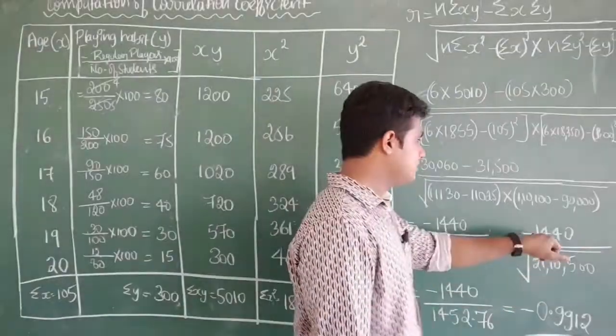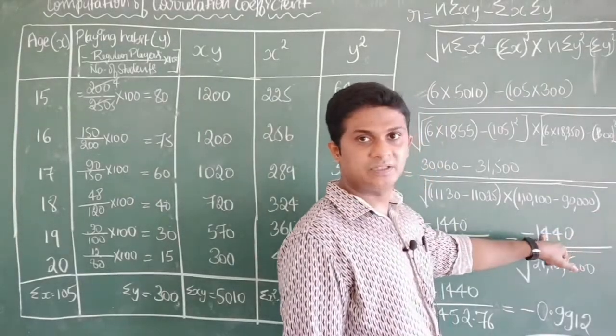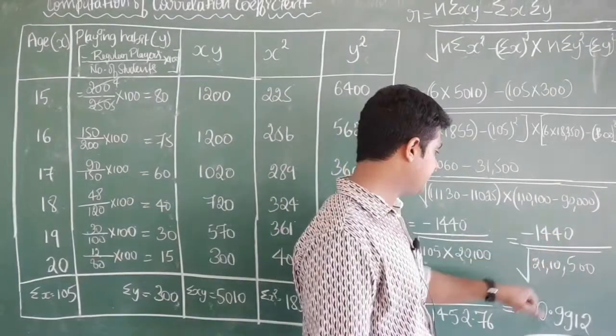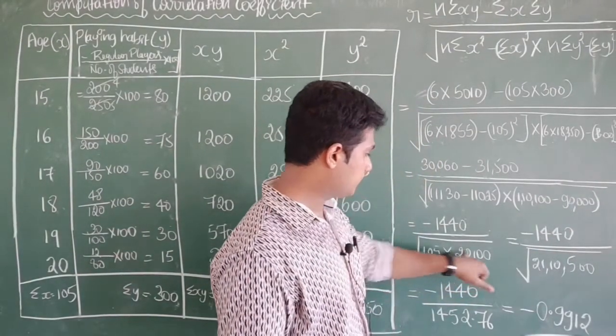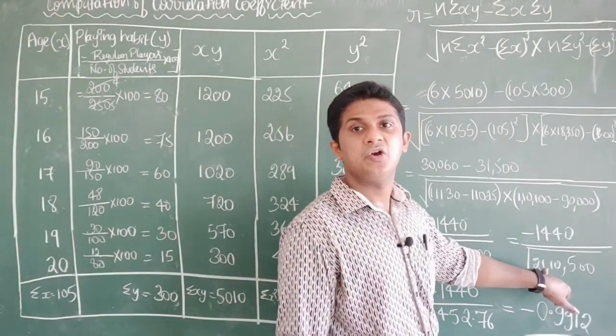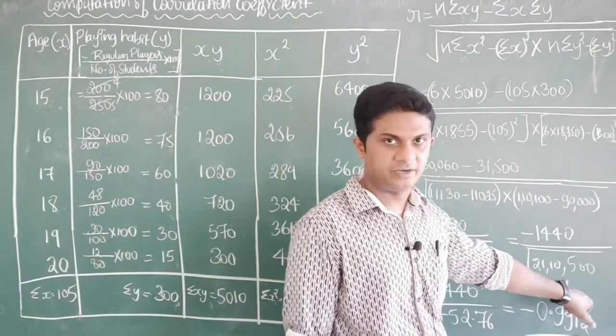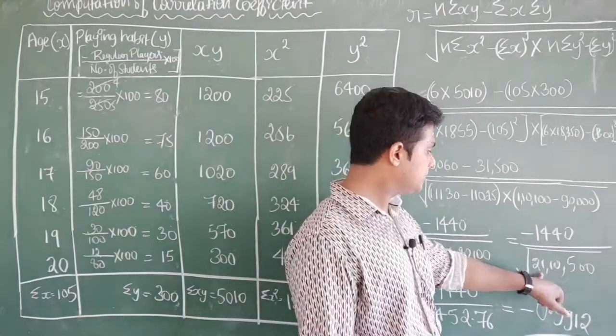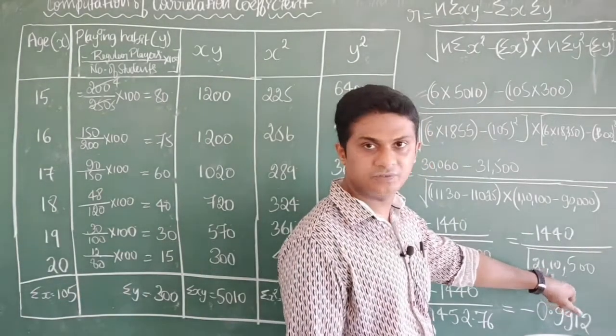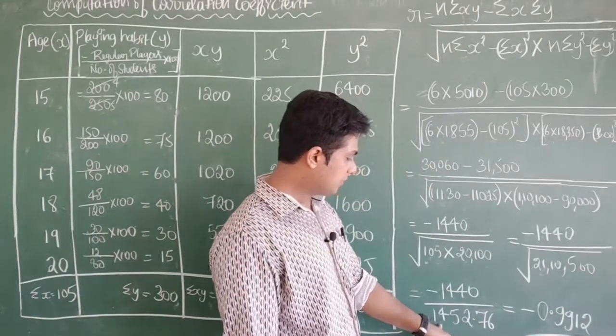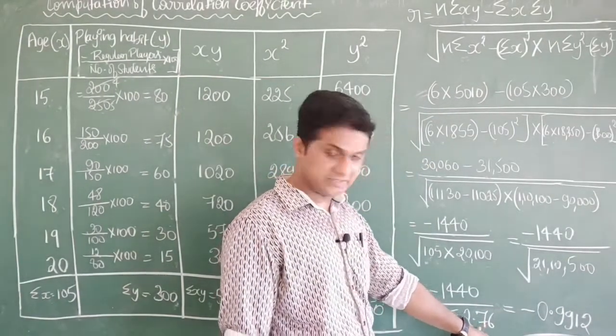And then the numerator, minus 1,440, remains as it is, divided by the root of the product of these values, which is 21,10,500. So next we need to find the square root of this value, that is 1452.76.